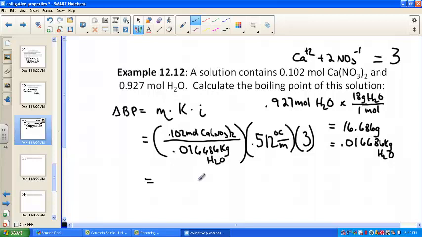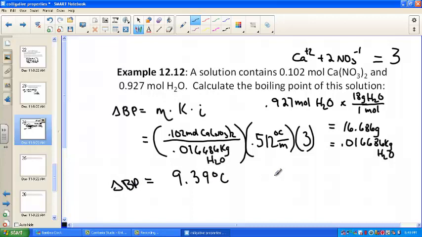I'm going to re-hit because I don't believe my answer. 0.102 divide by 0.016686 times 0.512 times 3. Yeah, that looks better. I have 9.39 degrees Celsius.